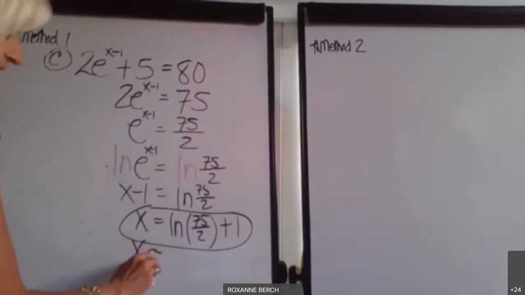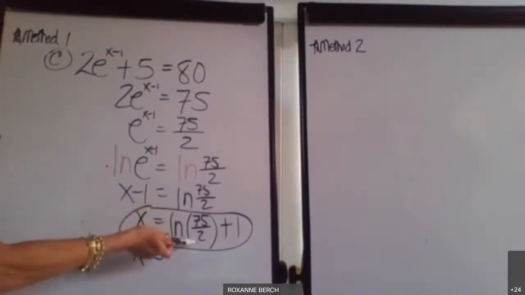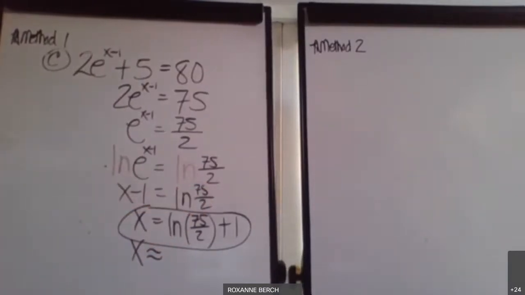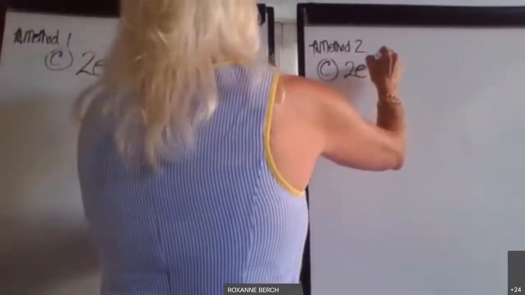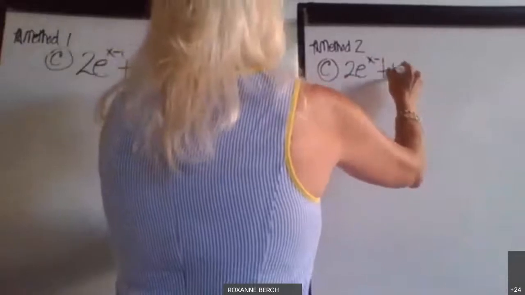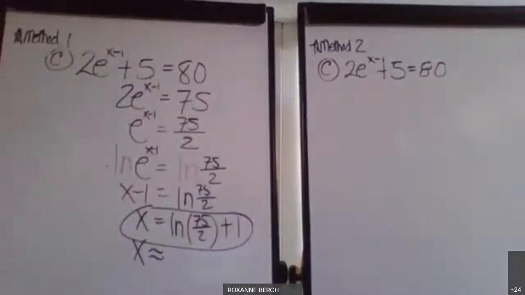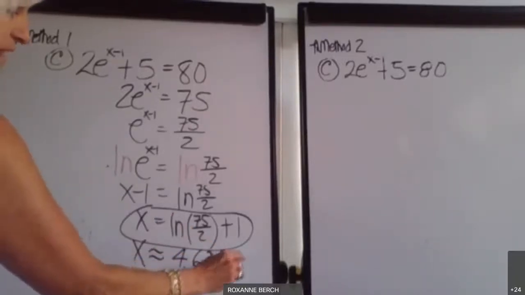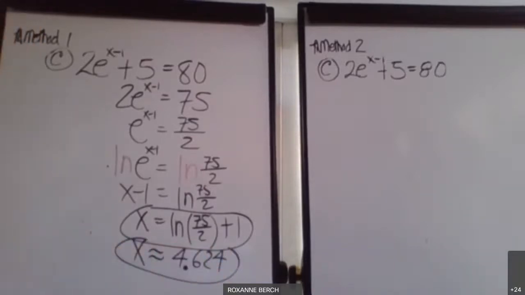So now to get the approximation, you're going to take the natural log of 75 divided by 2 in parentheses, hit enter and add 1 and tell me what you get. 4.6243. I think you're supposed to round to 3 decimal places, so that 3 shouldn't be there.